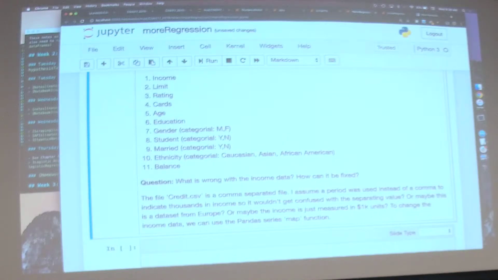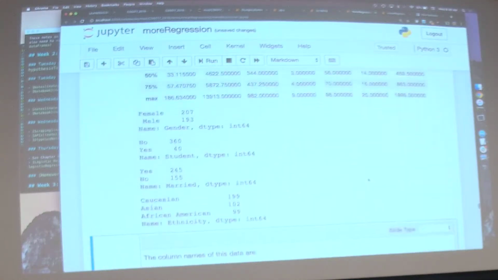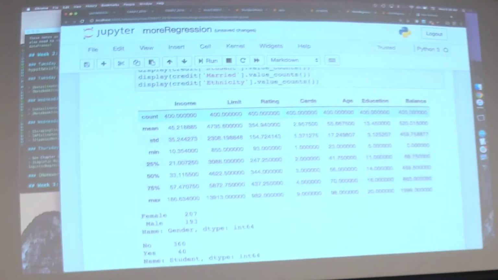The income data looks pretty weird. The mean income is 45. So our units are kind of messed up here, especially relative to the credit limit. The fact that the credit limit is 100 times bigger than the income is probably wrong.